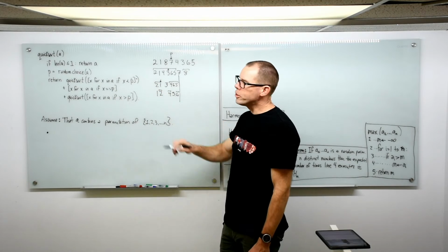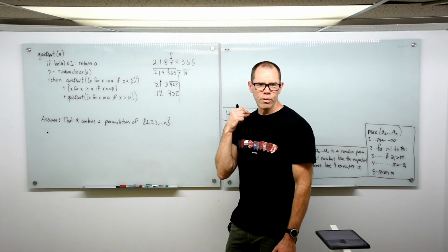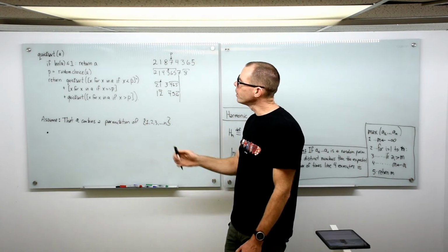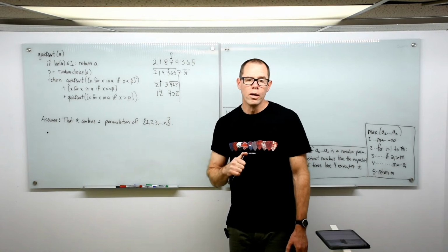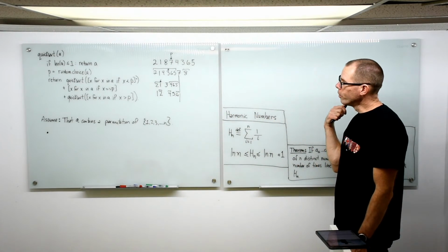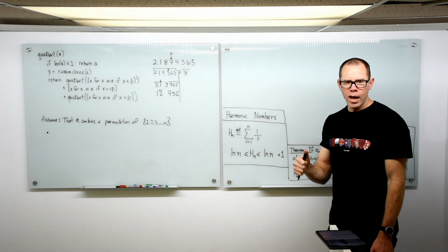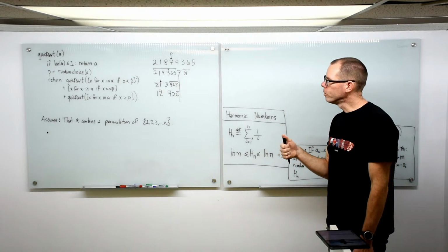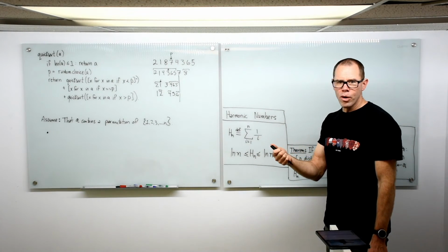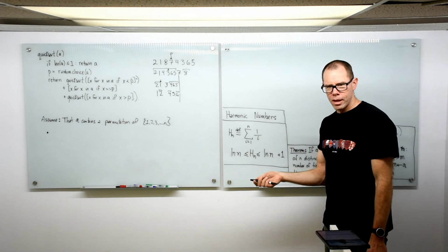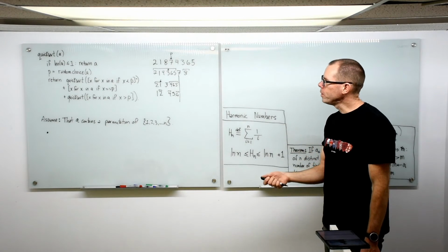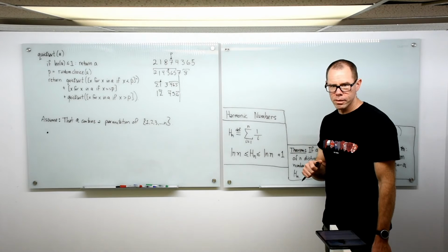I think you could imagine that you don't need to go through the array A twice. Right? If you're willing to write a couple more lines of code, you can go through the array A once, and each time you compare something to P, you know if it's less than or if it's greater than P, and you put it in the appropriate place.